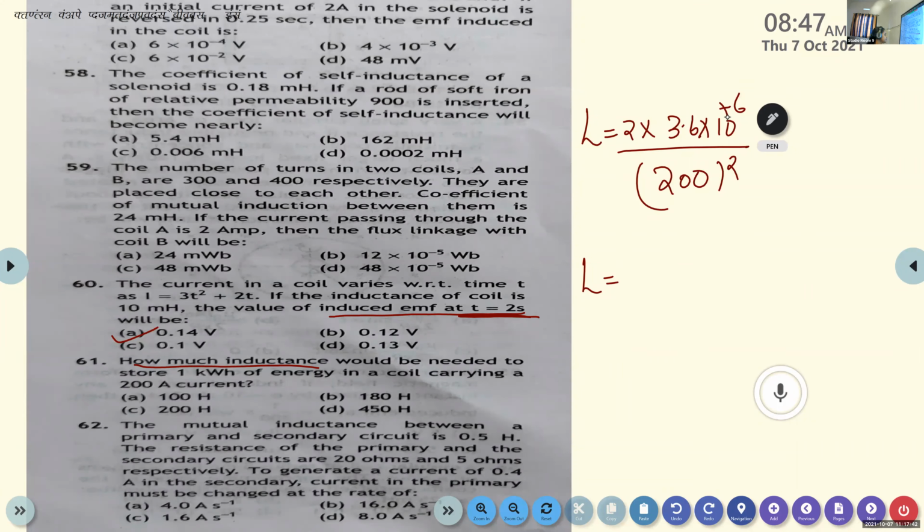What about the answer? Option B. 180 Henry.